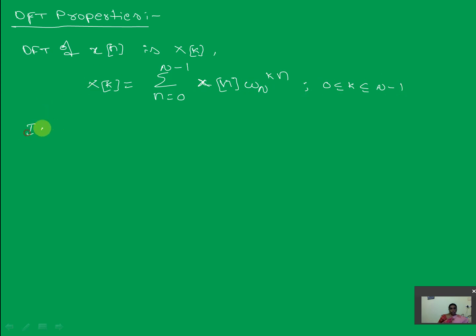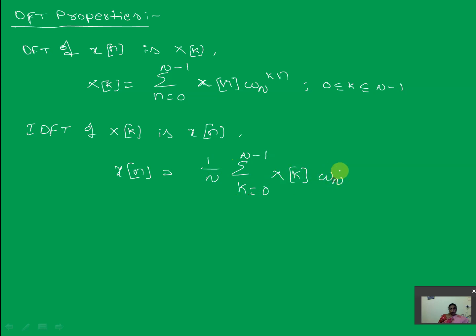And the IDFT, inverse discrete Fourier transform of X of k, is x of n. That is, x of n is equal to 1 by N summation k equals 0 to N minus 1, X of k W_N power minus kn.